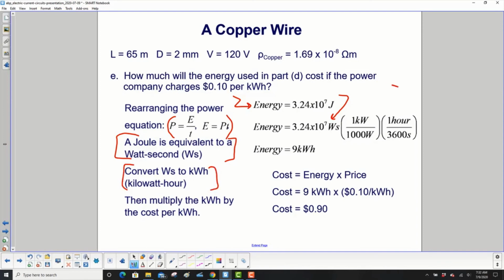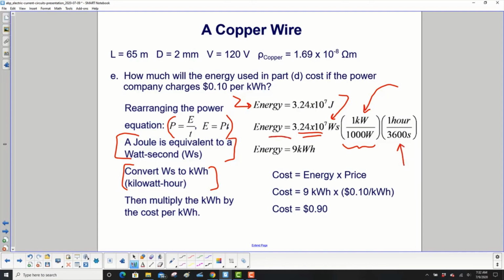So unit conversion over here, 1 kilowatt is 1,000 watts. So this term here is equal to 1, so we can easily multiply this by 1 and not change anything. And then we need to get hours. This is kind of backwards. Normally we go the other way in physics problems, but now we're doing power company stuff. 1 hour is 3,600 seconds.